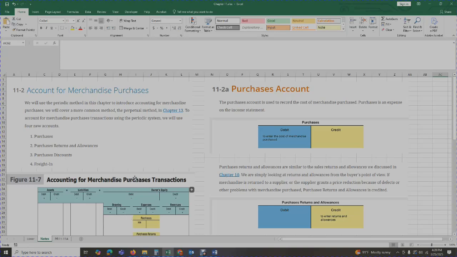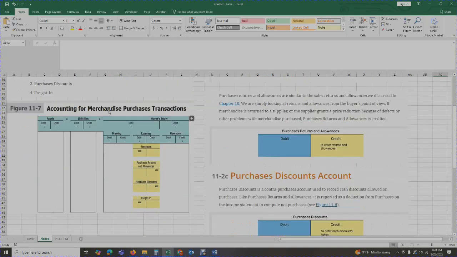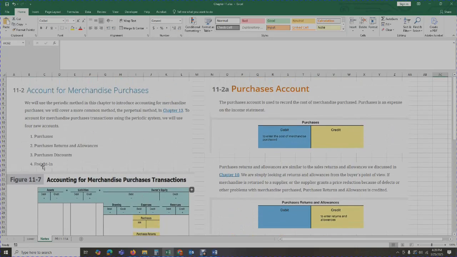Okay. Now, in this particular chapter, we are accounting for merchandise purchases. We are introduced to 4 new accounts. The 4 new accounts that are being introduced are the purchases account, purchases, returns, and allowances, purchases, discounts, and freight in. Okay. Now, I highly recommend that you print out or have handy with you at all times figure 11.7. It basically is the accounting equation, and it tells you where those 4 accounts fall under.